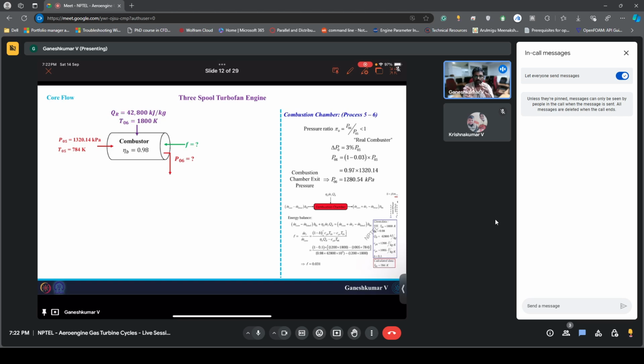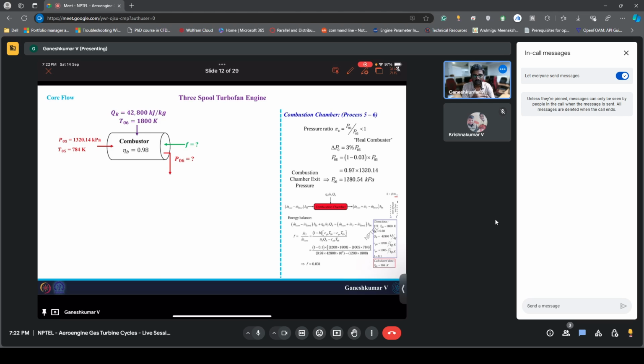So the amount of fuel that you add in order to heat this quantity to 1800 Kelvin will be different because the amount of air entering itself is reduced. If you think logically, the amount of fuel that you need to add will reduce.